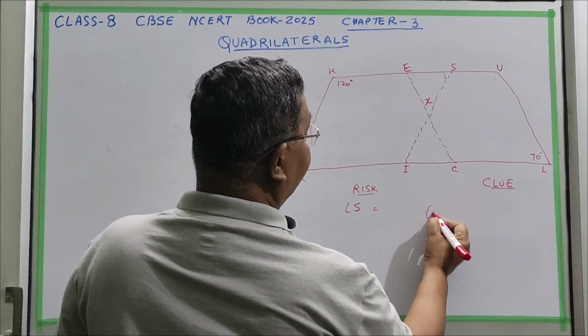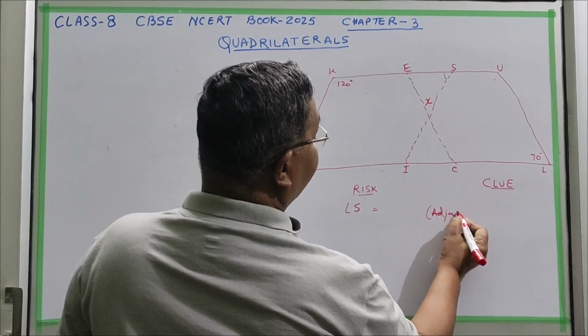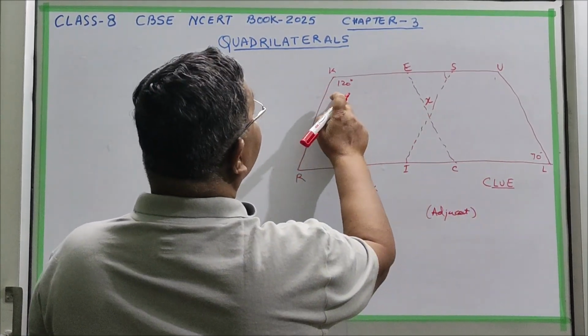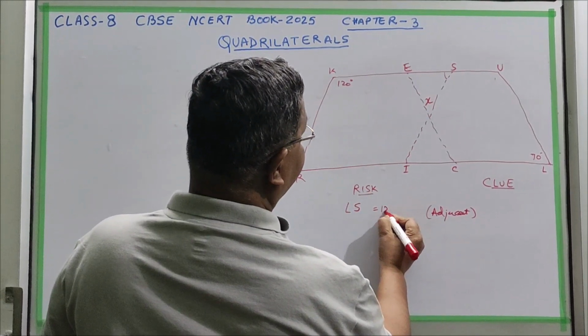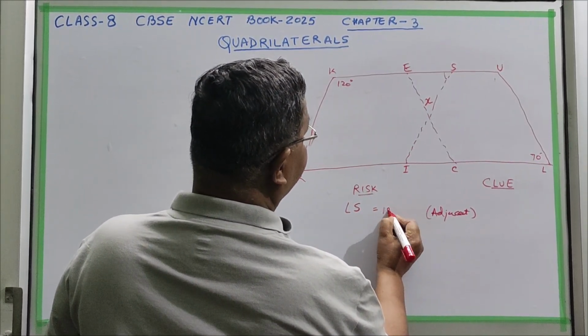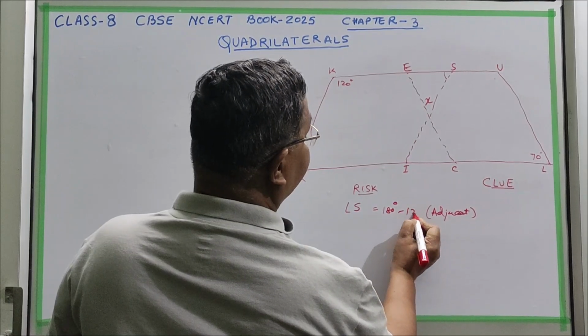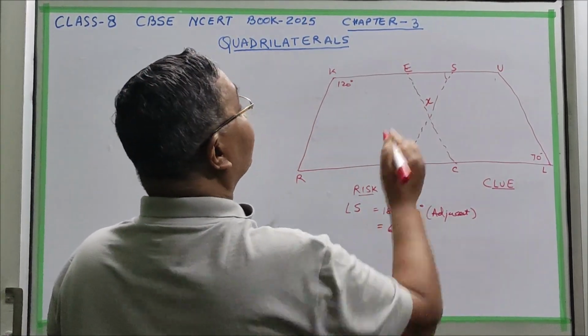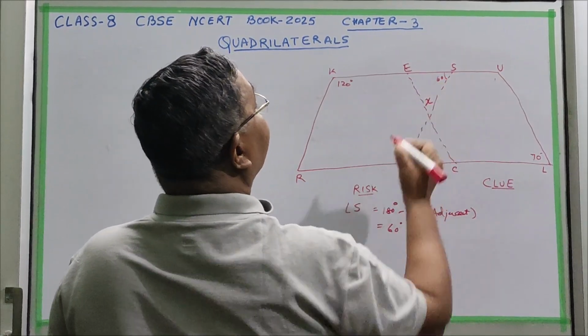Adjacent angles are always 180 degrees. So if one is 120, S will be 180 degrees minus 120 degrees. So it will be 60 degrees. So 60 degrees will come here.